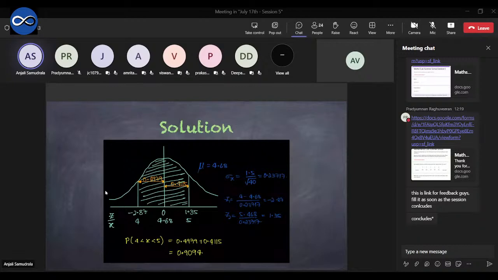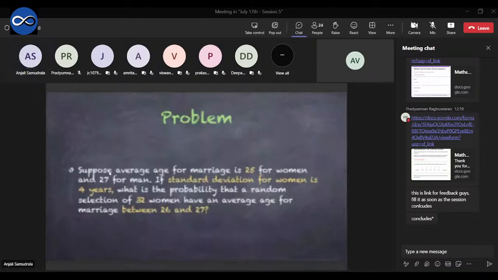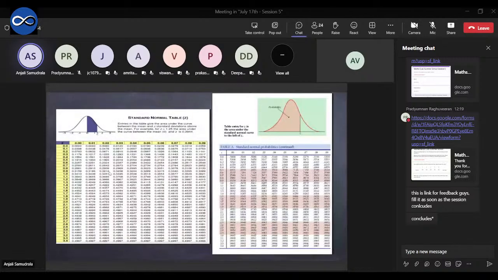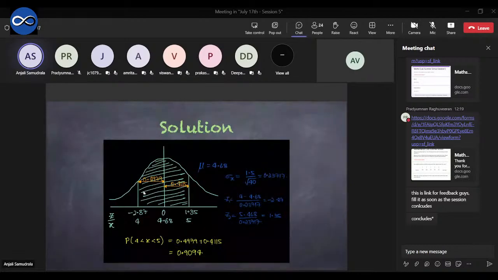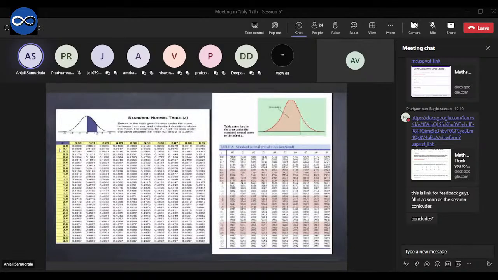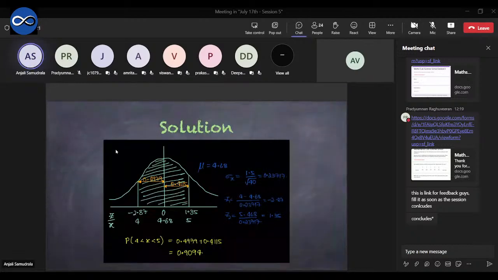For 2.87, from 0 to z, we get 0.4979. And for 1.35, you'll get 0.4115. So we have written these values here.